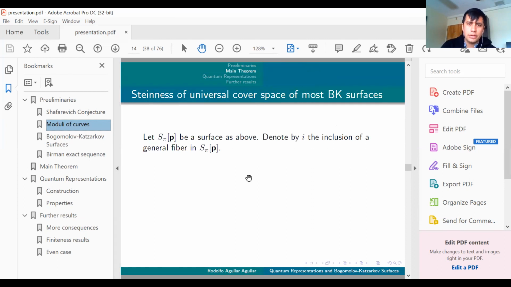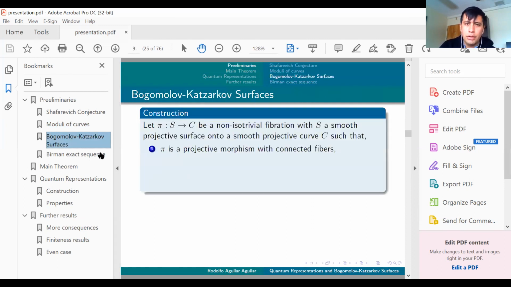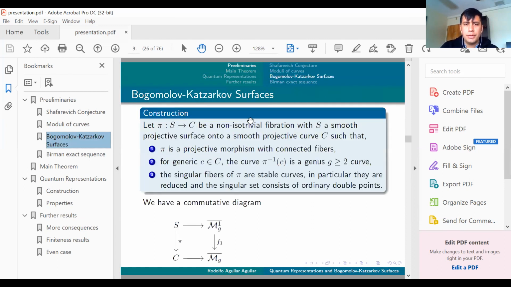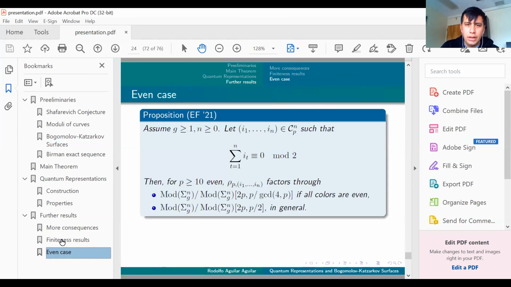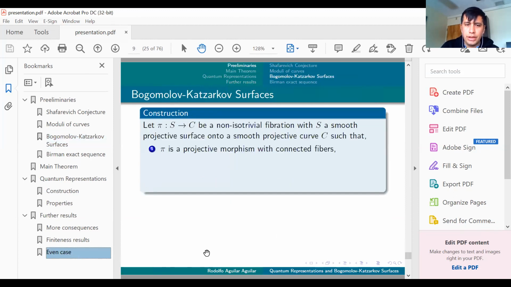There is another case that I don't talk about here. The Bogomolov-Katzarkov surfaces are not constructed with a stable fibration, but only with a fibration with double points. So there are some cases that are missing here. They are treated in the case of Eyssidieux-Funar, but I didn't want to talk about them, and it doesn't cover them. They don't have contractible universal cover.